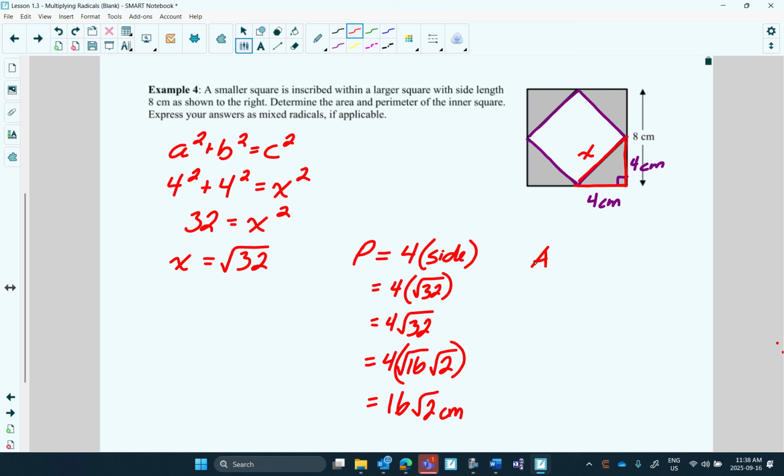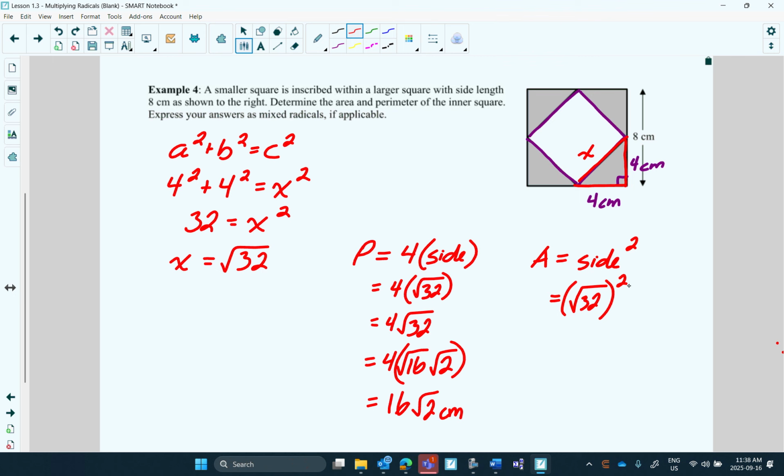The area, well, the area of any square is the side length squared. So I'm going to do root 32 squared, or root 32 times root 32. Can you give me the answer without a calculator? Remember what I said whenever you multiply a square root by itself?